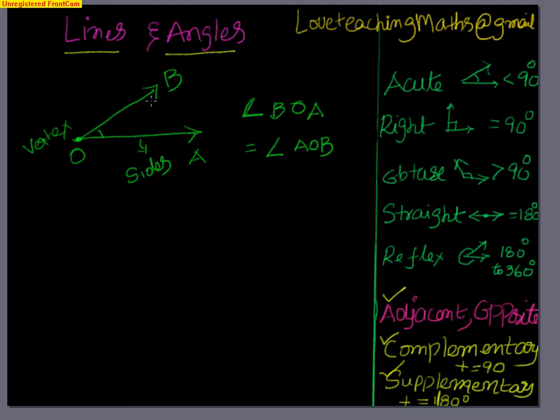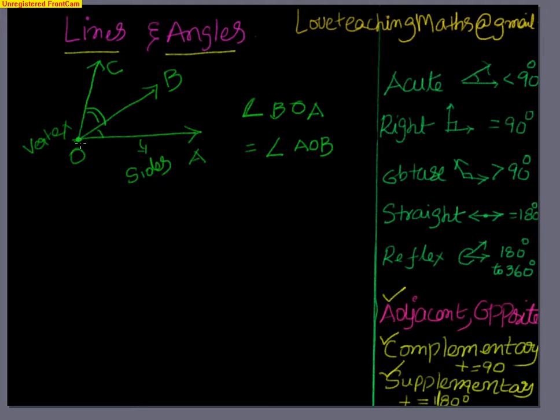The first impression, why do we want to write BOA or AOB, I can simply say angle O. Yeah, that seems okay for this scenario because there are only two rays. Suppose I have added another ray, then there is another angle.